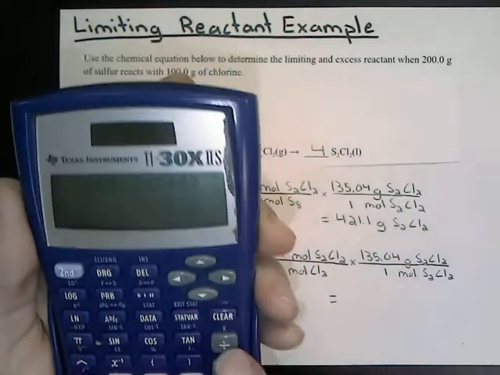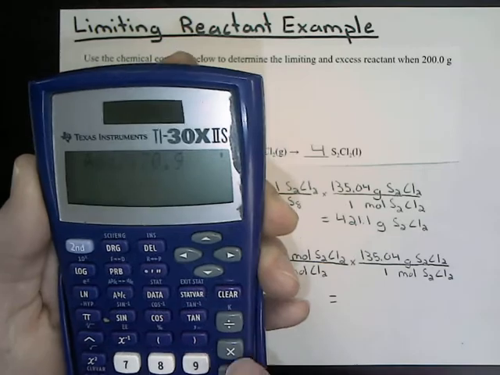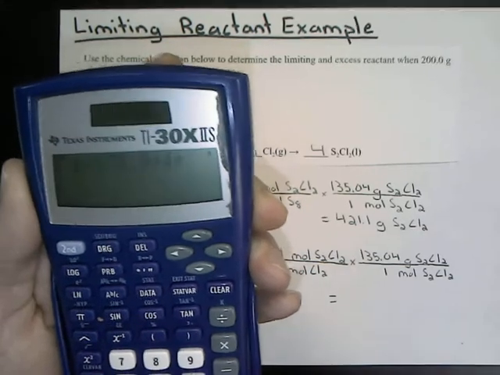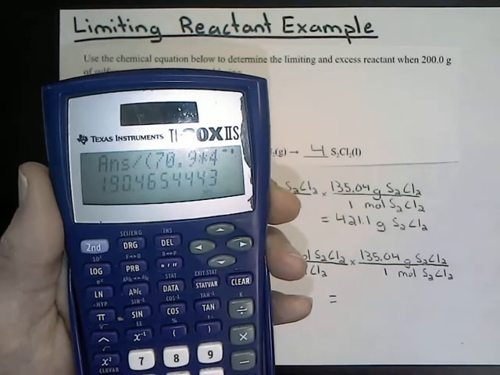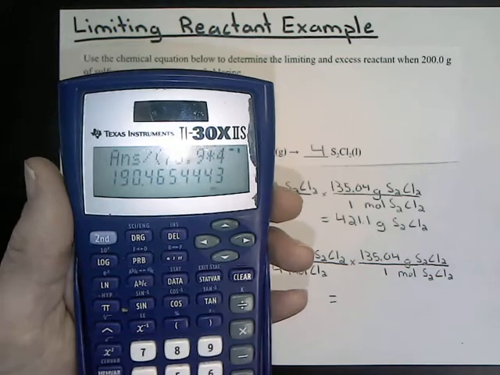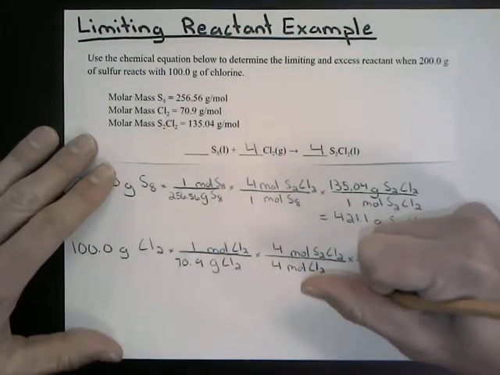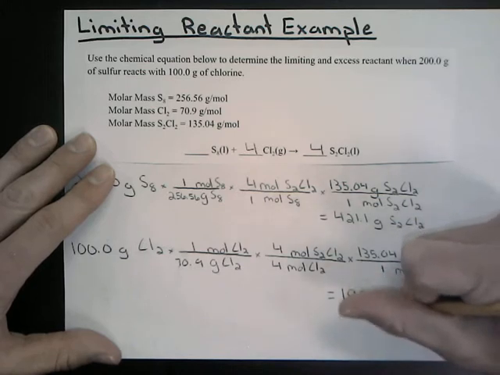Now, I divide by everything that's on bottom: 70.9 times 4 times 1. Close the parentheses. I press enter. And rounding to 1 decimal here, I get a value of 190.5 grams of S2Cl2.